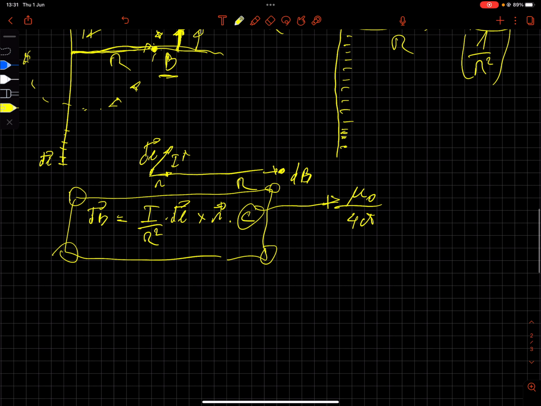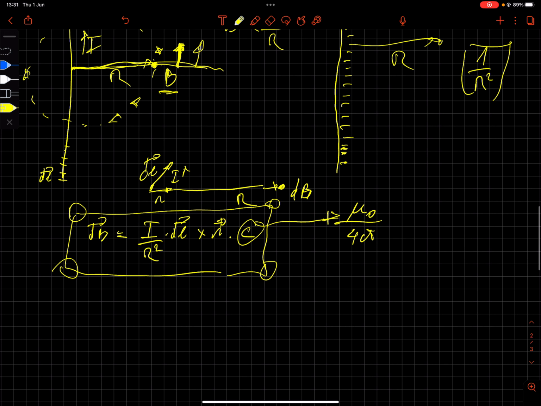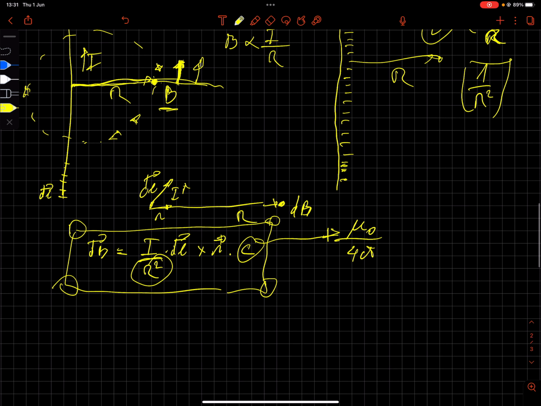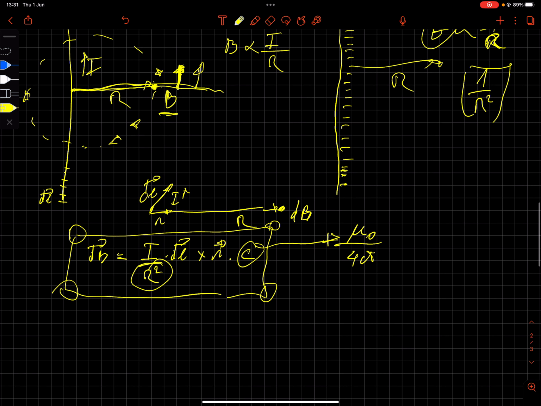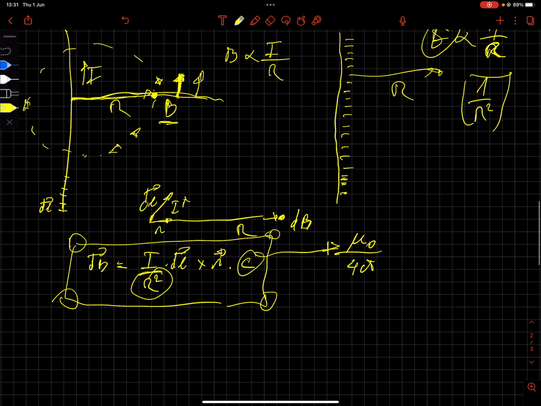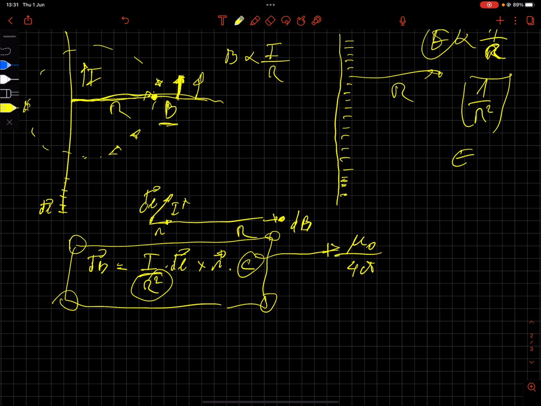And one more thing, you're probably asking yourself, okay, why r squared? Well, Newton was the genius who came up with the idea to use r squared, first for the formula for gravitation, then for the electric field.